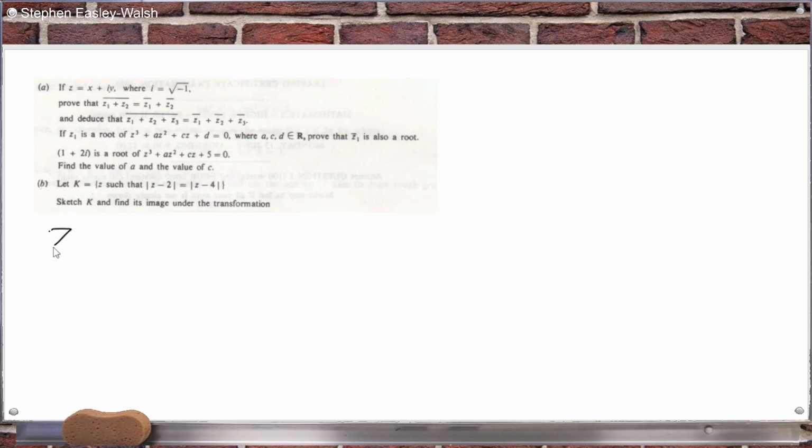So you have z1 cubed plus a z1 squared plus c z1 plus d equals 0 since z1 is a root.